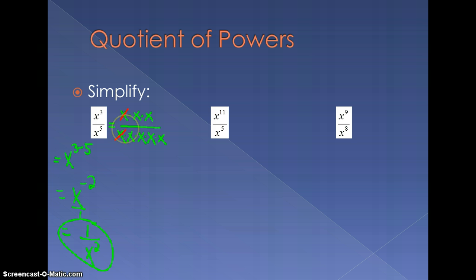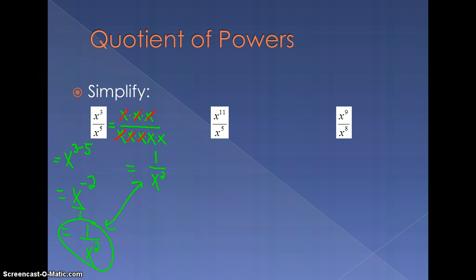X divided by x cancels out. X divided by x cancels out. X divided by x cancels out. So what we're ultimately left with is x times x in the denominator and 1 in the numerator. So we get to the same answer by canceling out.